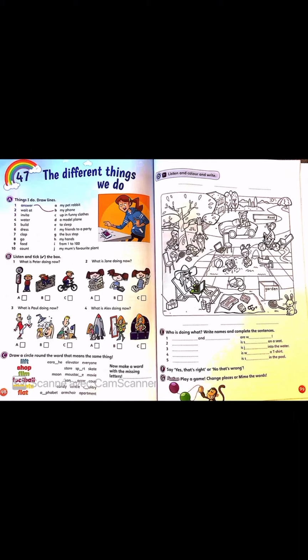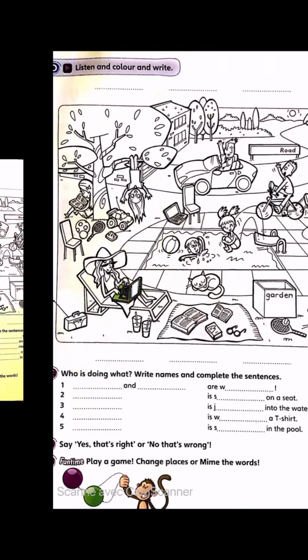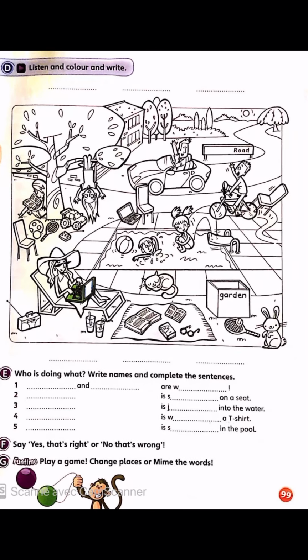Today, it will be the last session within unit number 47, the different things we do. We're going to continue exercise E that we started last time. You remember? The last time we did just the first part that was about writing names of the family in the picture. And today, we will complete the second part of this exercise with verbs and people who are doing these verbs.